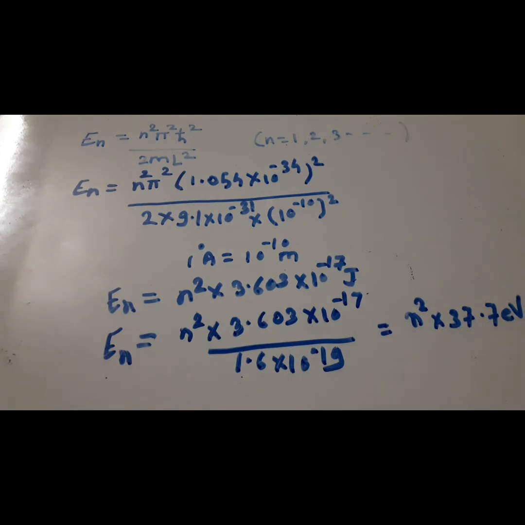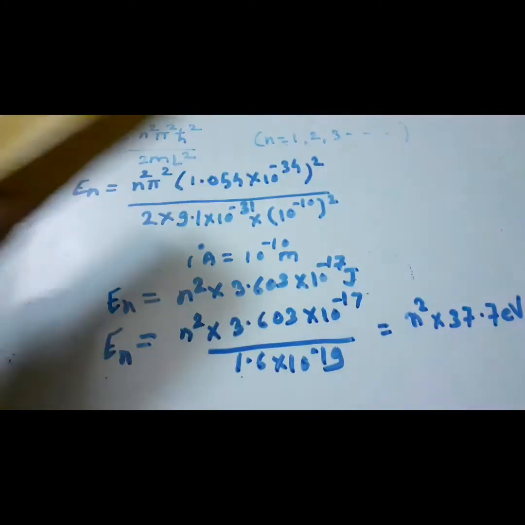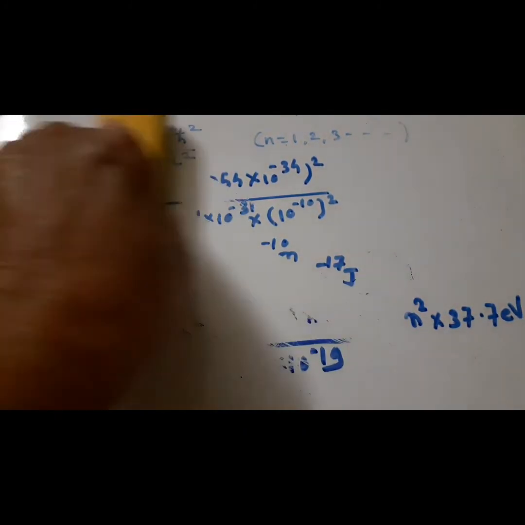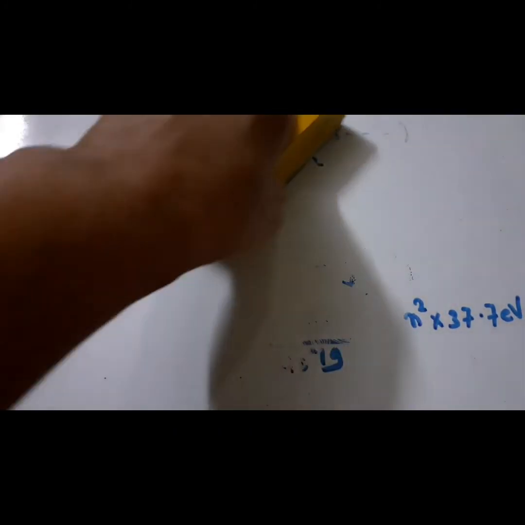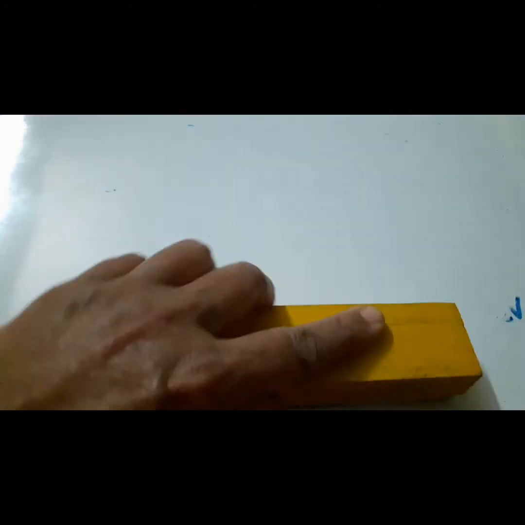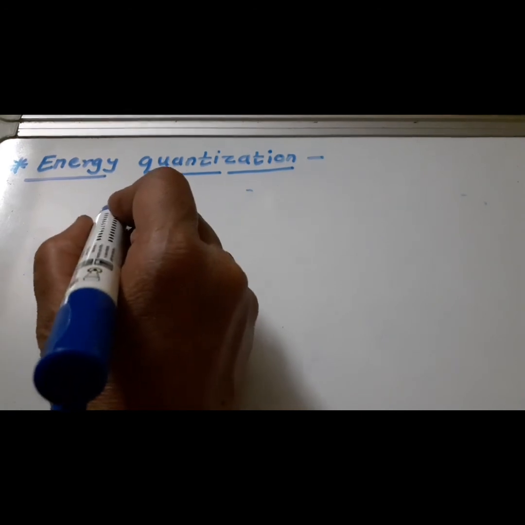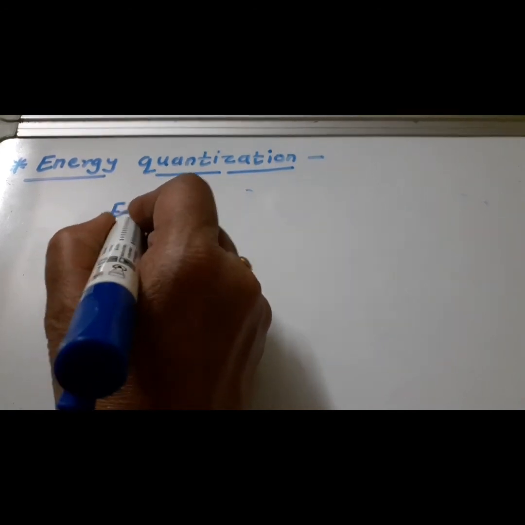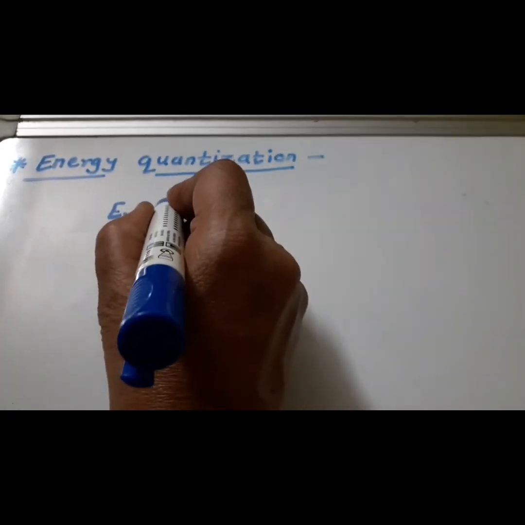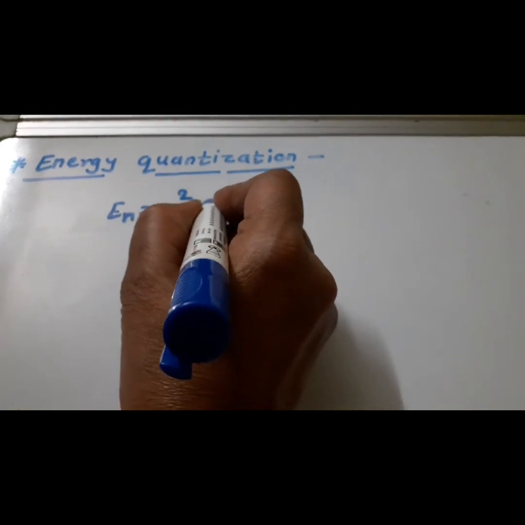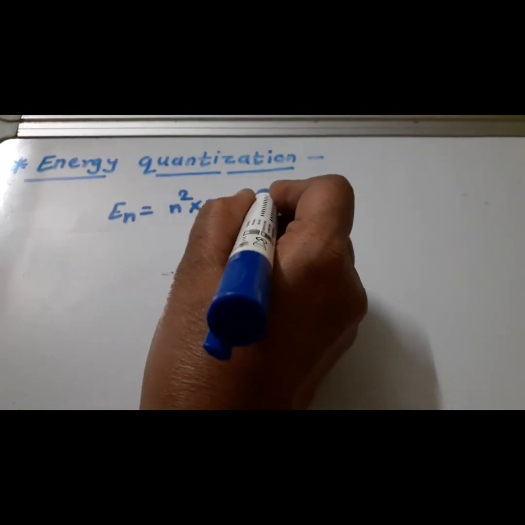Thus, the energy of a particle in a box is directly proportional to the square of the natural numbers, n squared. From this equation, En is equal to n squared into 37.7 electron volt.